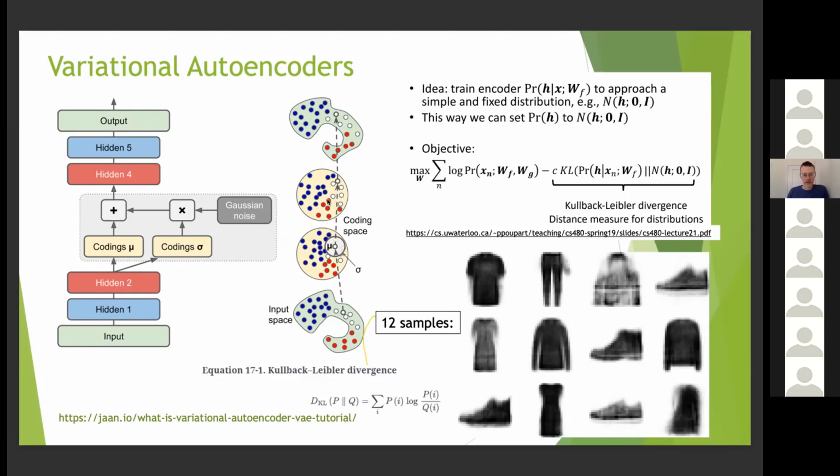But then what we do, rather than just use that mu and sigma and produce straight into the output, we will instead take a sample and find some other point nearby, and then that will produce the output. And what we're going to do here is we have a loss function that has 2 terms in it.